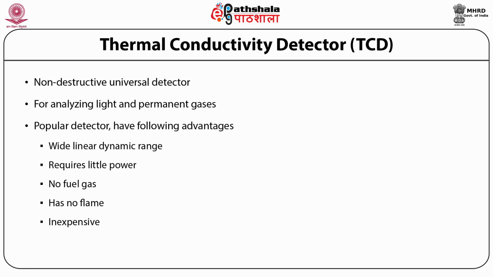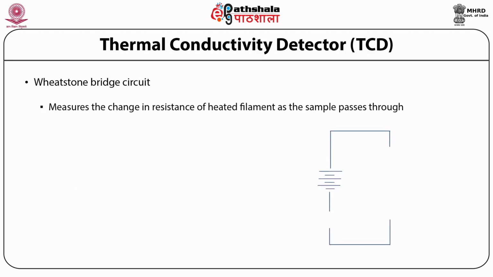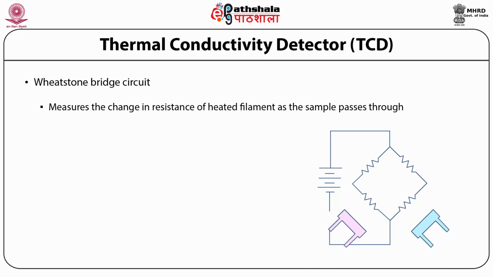Thermal conductivity detector can be used in portable micro gas chromatographs as it can be easily miniaturized and run on low power consumption. Thermal conductivity detector integrates a Wheatstone bridge circuit and measures change in resistance of a heated filament as the sample passes through.